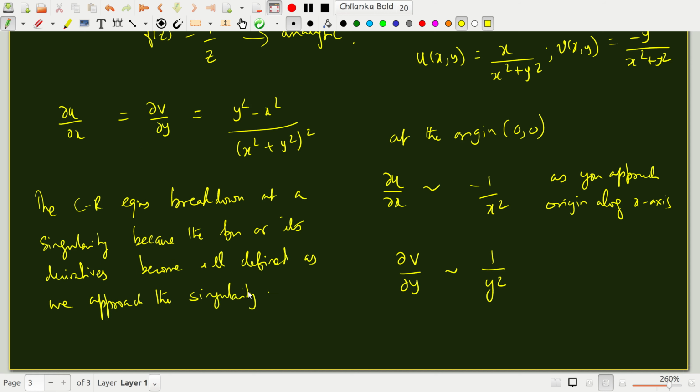This is something that you must keep in mind when you think about analytic functions.